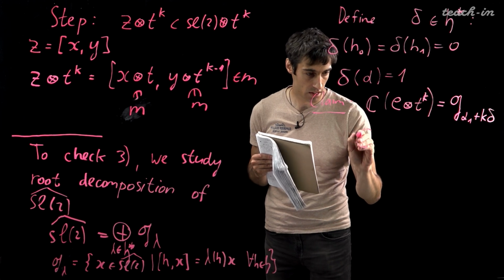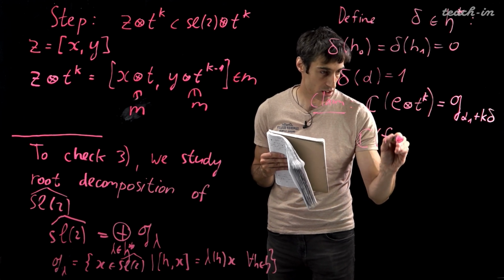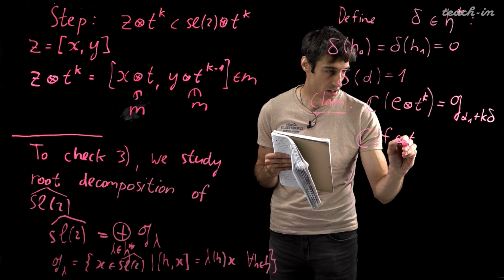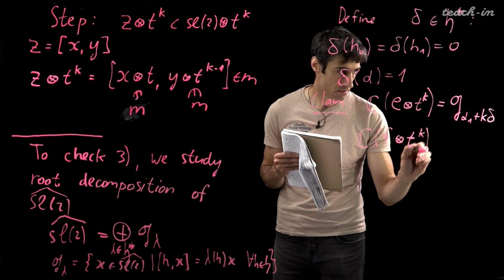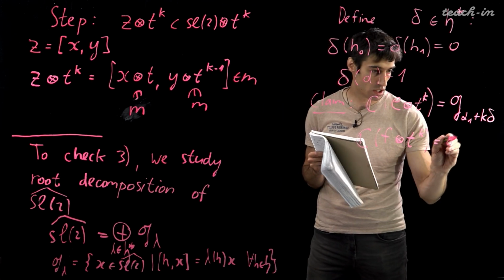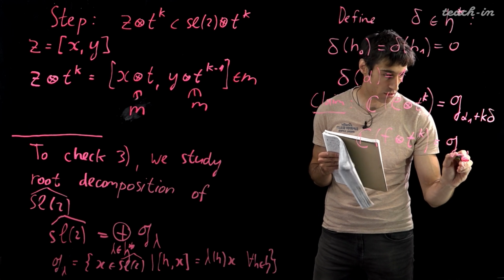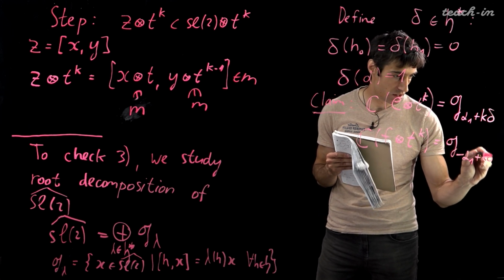And then C of F tensor T^k will be G of negative alpha 1 plus k delta.